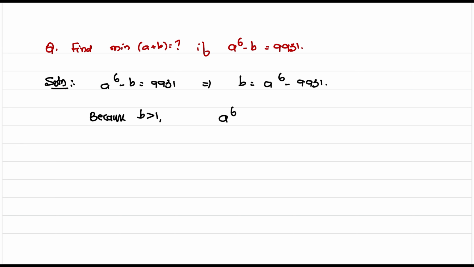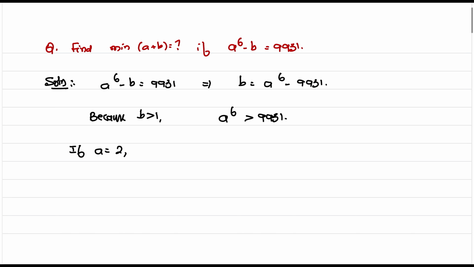Now, instead of finding the 1/6 power of 9931, we will just find various values of a to the power of 6. a cannot be 0 or 1, because a should be greater than 1, that is the condition given.